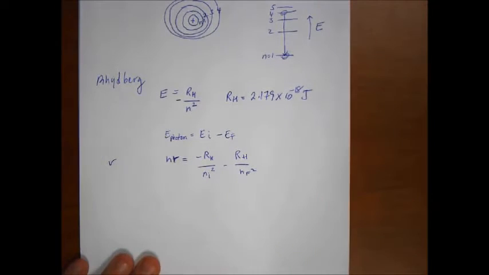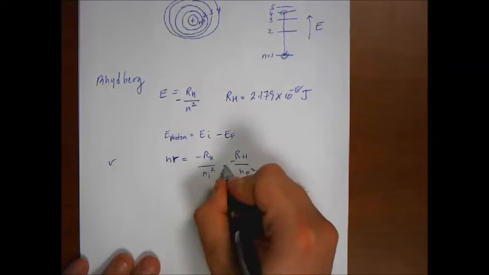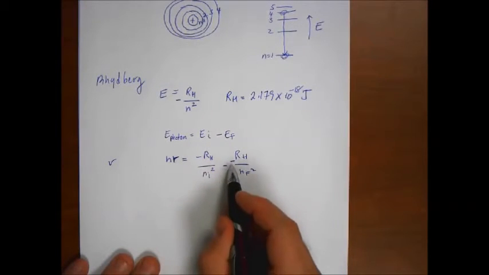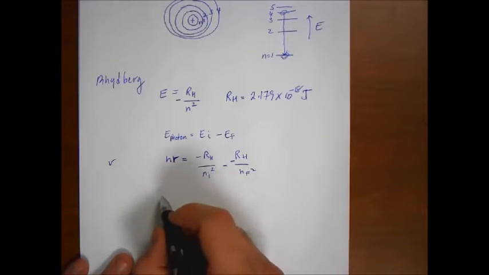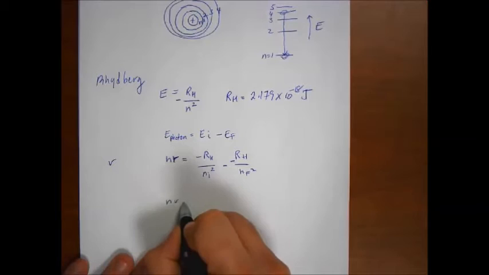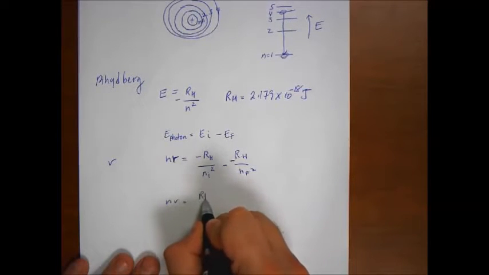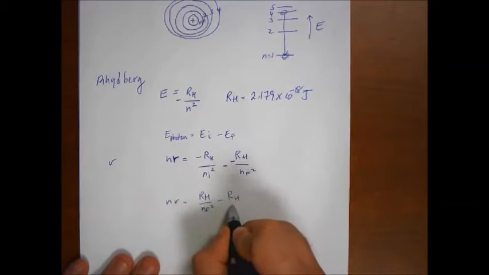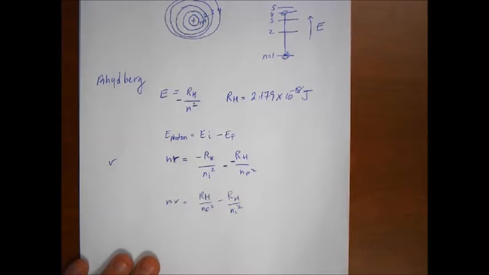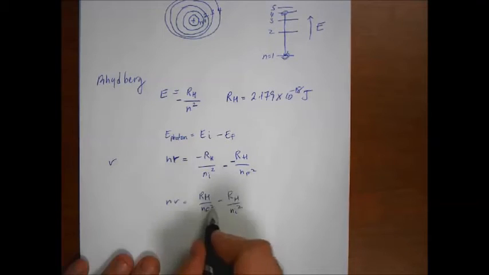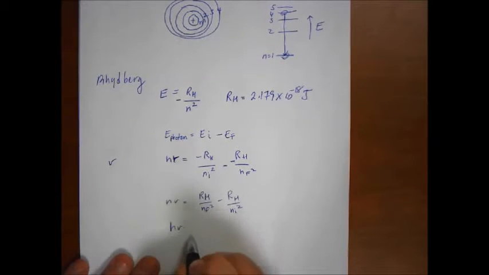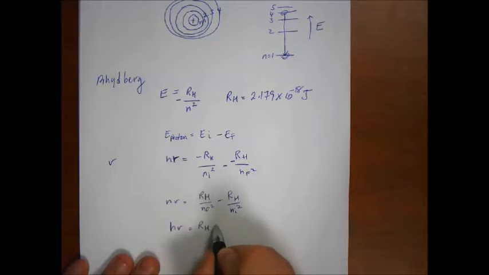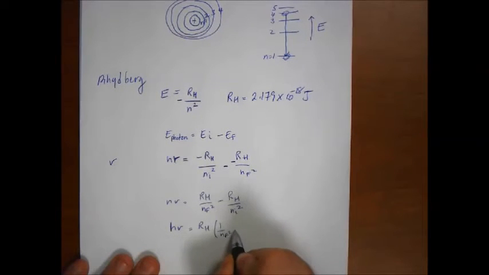If we do some rearranging, a negative times a negative cancels out and becomes a positive, so we get RH over nf squared minus RH over ni squared. We can pull out the RH, so we get h nu equals RH times 1 over nf squared minus 1 over ni squared.